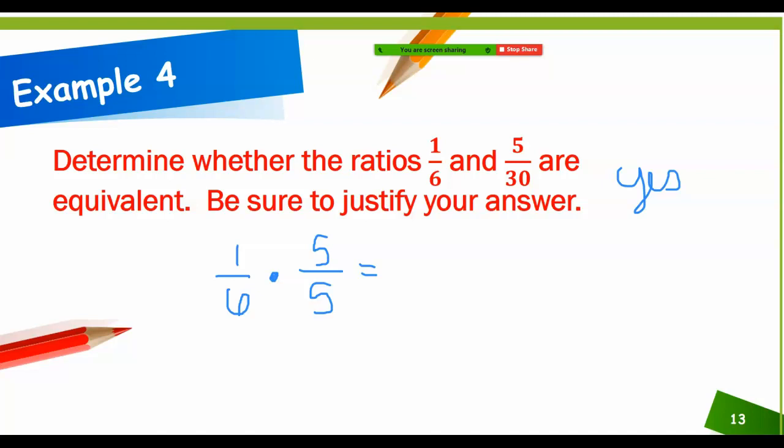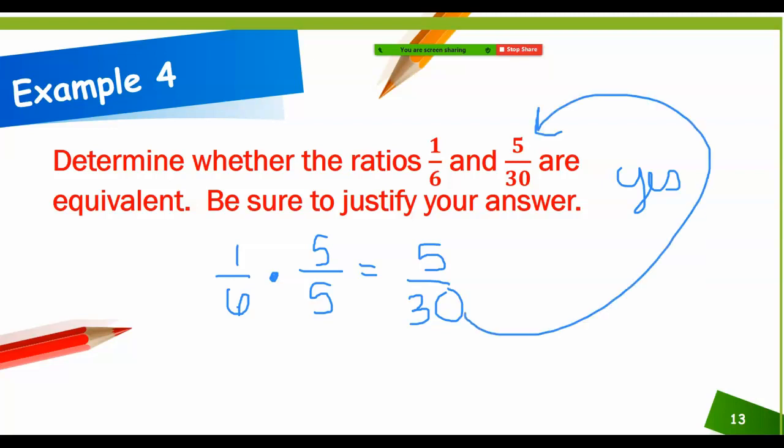So 1 times 5 is 5. 6 times 5 is 30. Yes, good, that's what I said. I wanted to work both ways. You don't always have to divide.